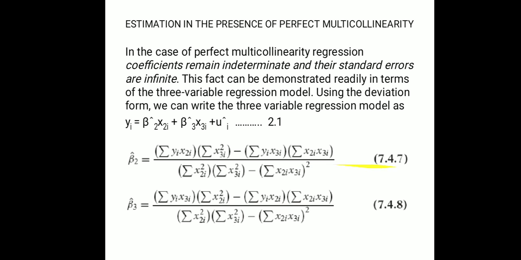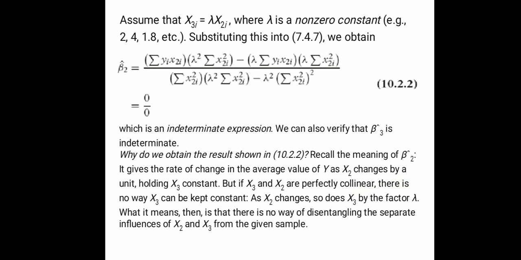Next, assume that x3i equals lambda x2i. I had given an example for that: x2 values were 15, 90, 10, 50, and x3 was obtained by multiplying the values of x2 by 5.